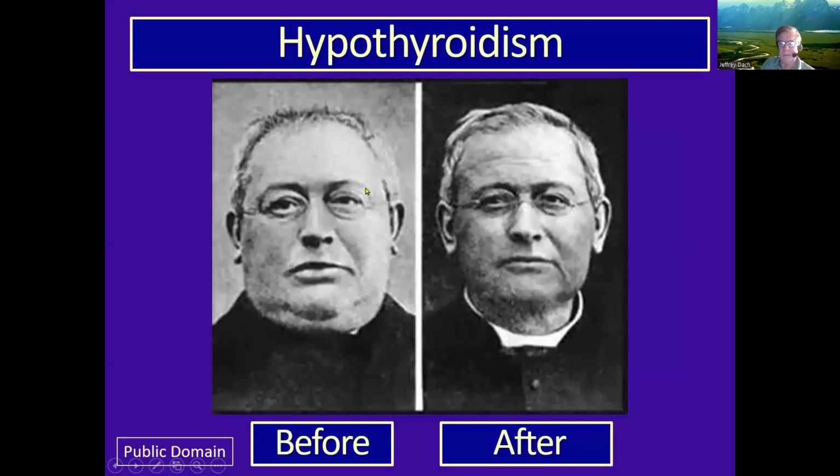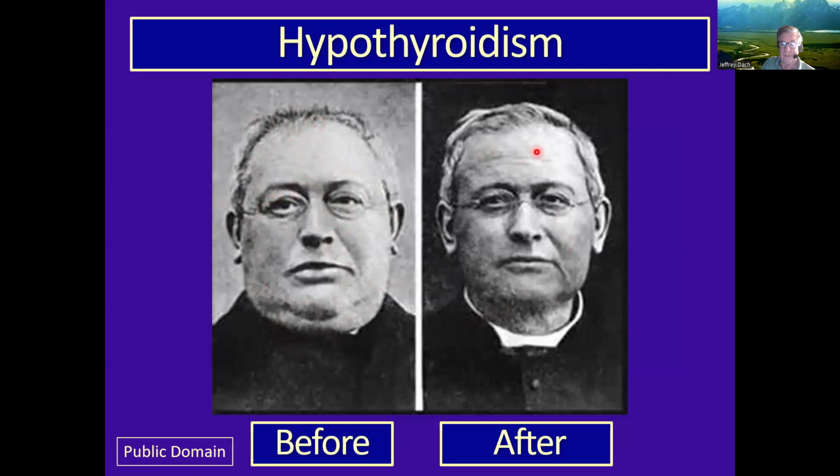What does hypothyroidism look like? On the left, we see a typical characteristic appearance of low thyroid condition, with the head having the appearance of an overinflated beach ball, with fullness underneath the chin, puffiness around the eyes, loss of hair and eyebrows.